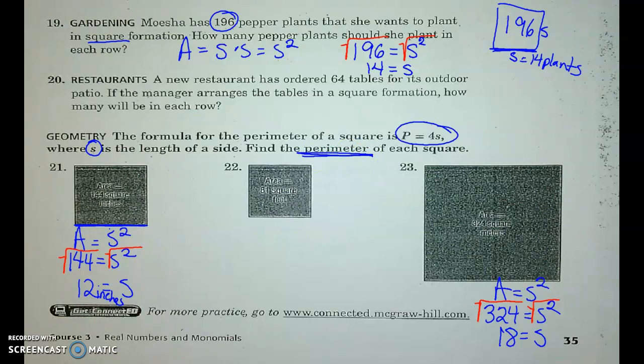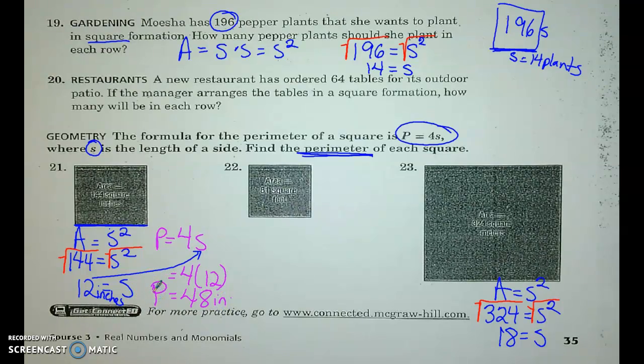So I'm not done yet, so I've got to go back. If P equals 4S, I'm going to take this S and plug it in. And so that's going to end up with 4 times 12, and that's going to tell me that the perimeter is 48 inches.